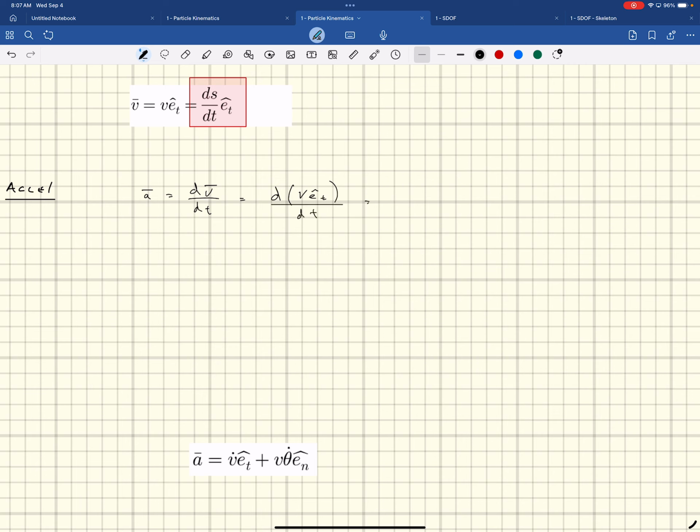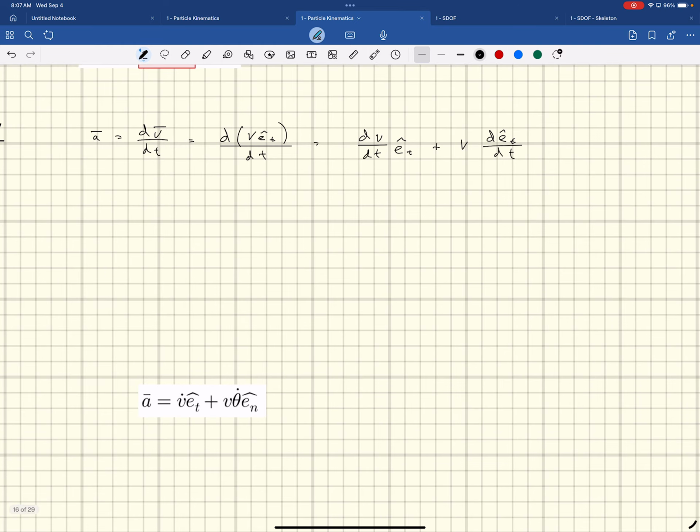We have to apply the product rule, so we take the derivative of the first thing, dv dt in the ET direction, plus v, and we take the derivative of the second thing and leave the first thing alone. Just like we did for our Cartesian coordinates, right? Take the derivative of the first thing, leave the second thing alone, take the derivative of the second thing, leave the first thing alone. Okay, so that's what we just did right there.